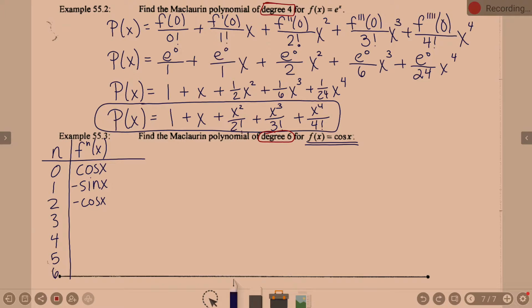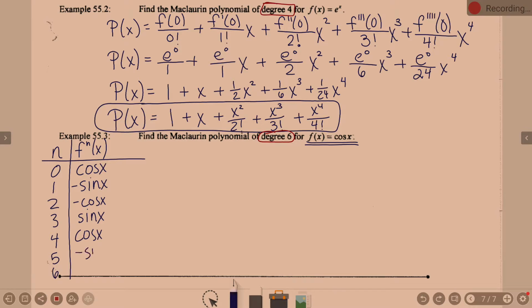So now the third derivative. Well, what's the derivative of negative cosine x? Derivative of cosine is negative sine, so the derivative of negative cosine is just sine x. Derivative of sine x? Cosine x. Derivative of cosine x?